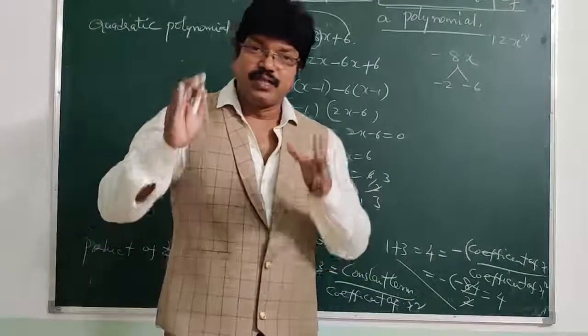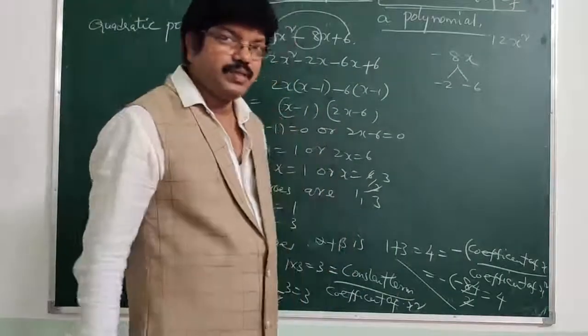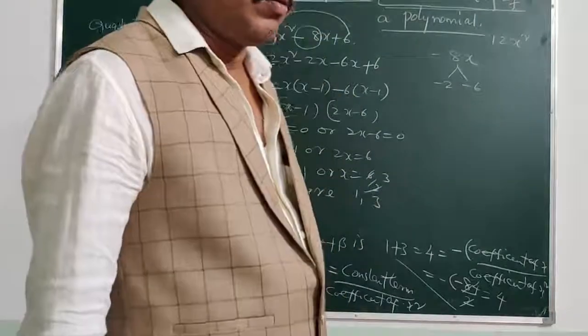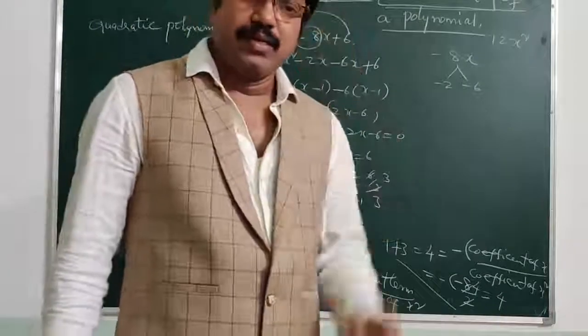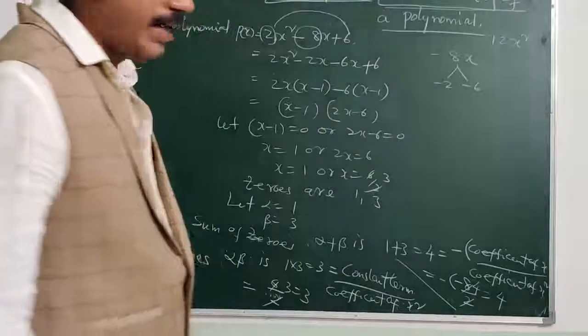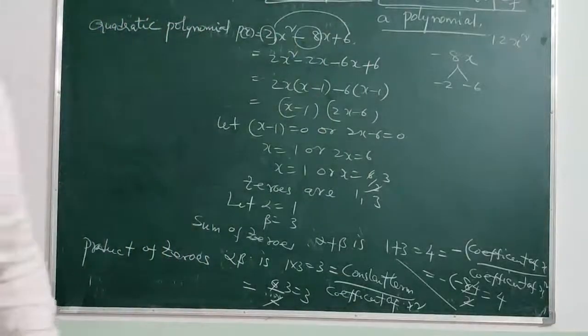The sum of zeros is equal to minus of coefficient of x by coefficient of x square. Copy down very clearly. Most important.